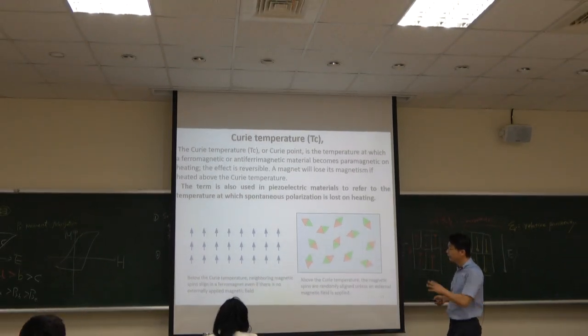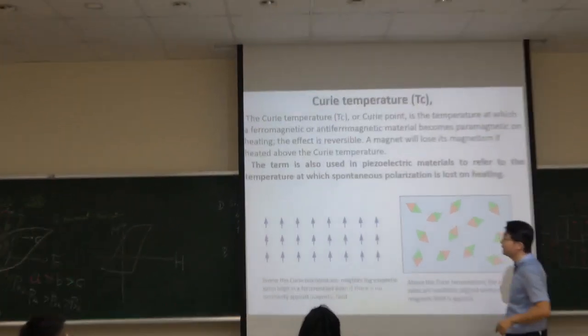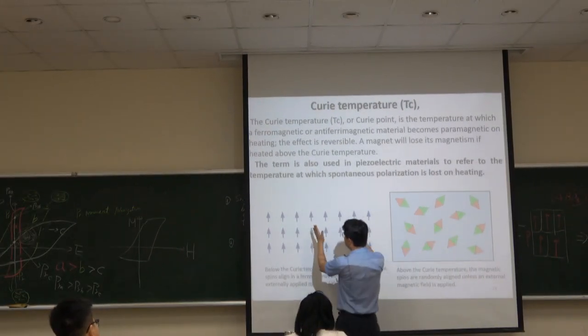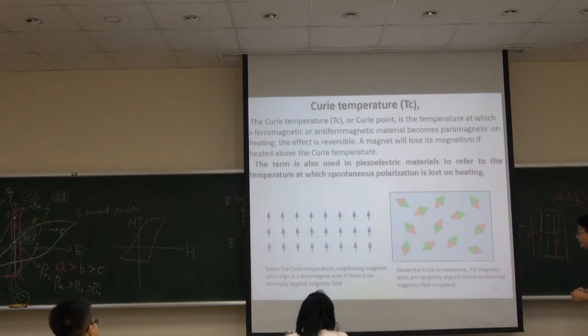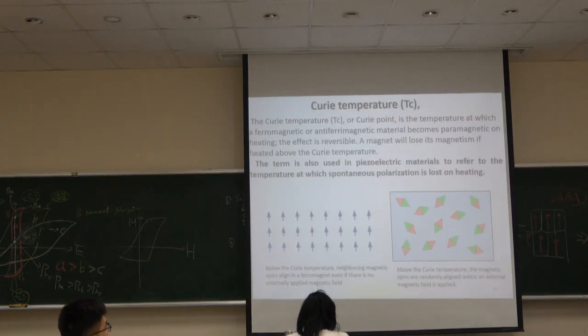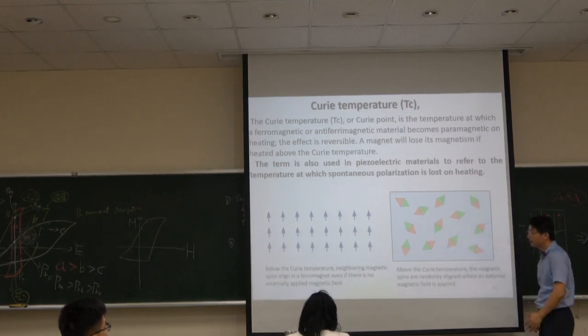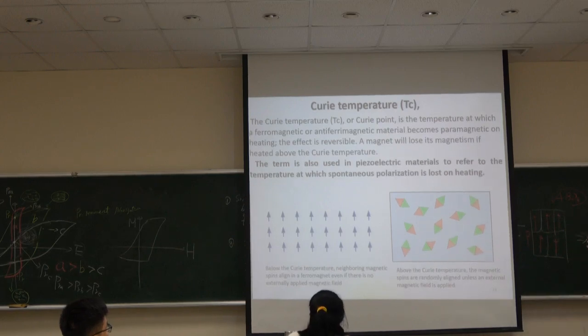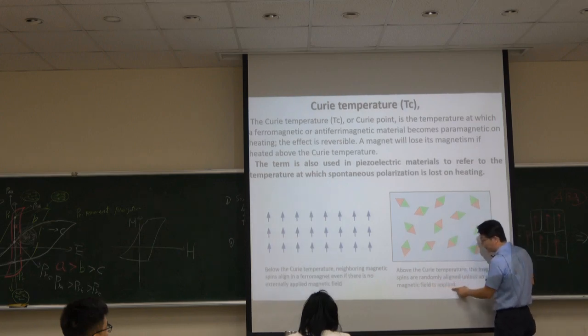If the temperature is lower than the Curie temperature, the spins align together under the external magnetic field. If the temperature is higher than the Curie temperature, the magnetic spins are random, which means they lose the spin moment, even if an external magnetic field is applied.